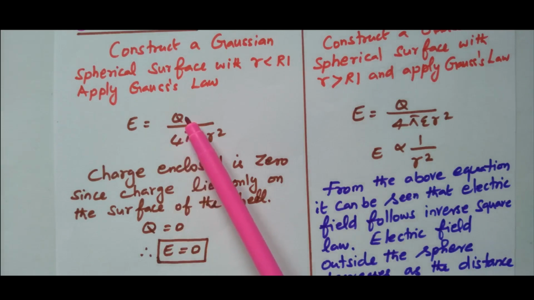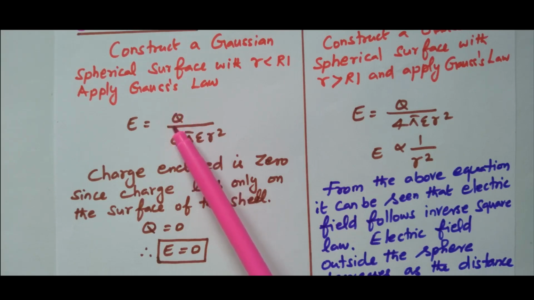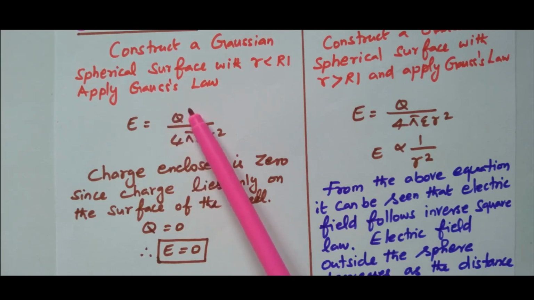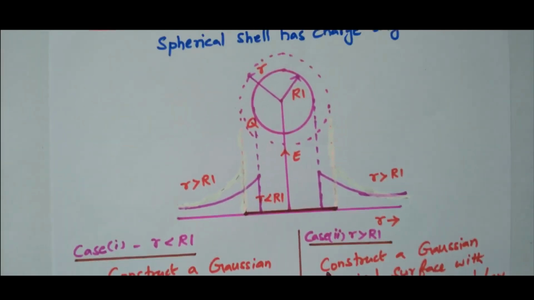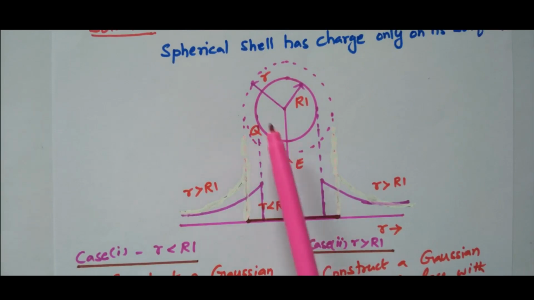The formula is Q divided by 4 pi epsilon r square. Since the charge is 0, the electric field intensity is also 0 inside the spherical shell. So that is written here: inside of the spherical shell, the electric field intensity is 0.